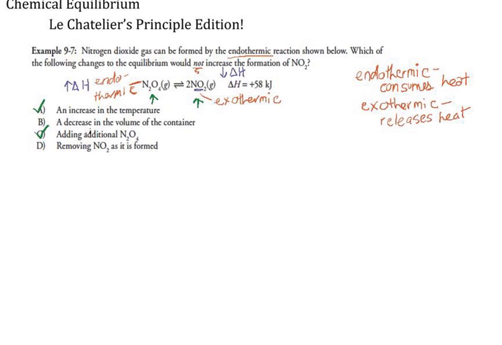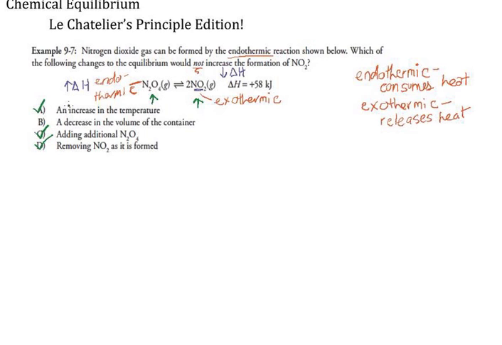So that one we can check off. Okay, removing NO2 as it is formed. Again, if we remove it from the system, in order to balance itself out, it is going to continue producing it, right? So that would also increase the formation of NO2.